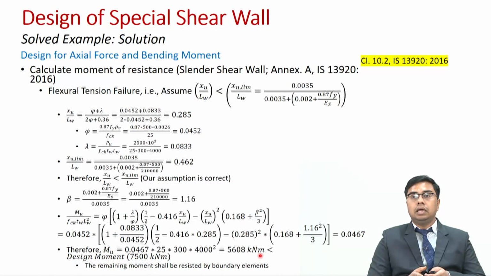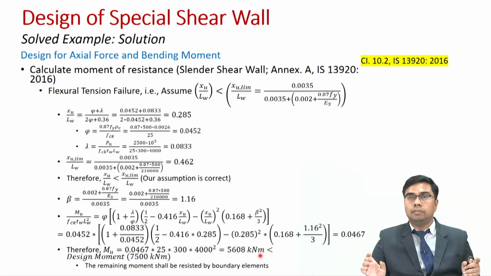However, it is less than the design moment. What was the design moment? We had the design moment of 7500 kilonewton meter. So it is lesser than that, which means that the designed wall will not be able to carry the design bending moment, and therefore we imply that the remaining bending moment shall be resisted by the boundary elements.